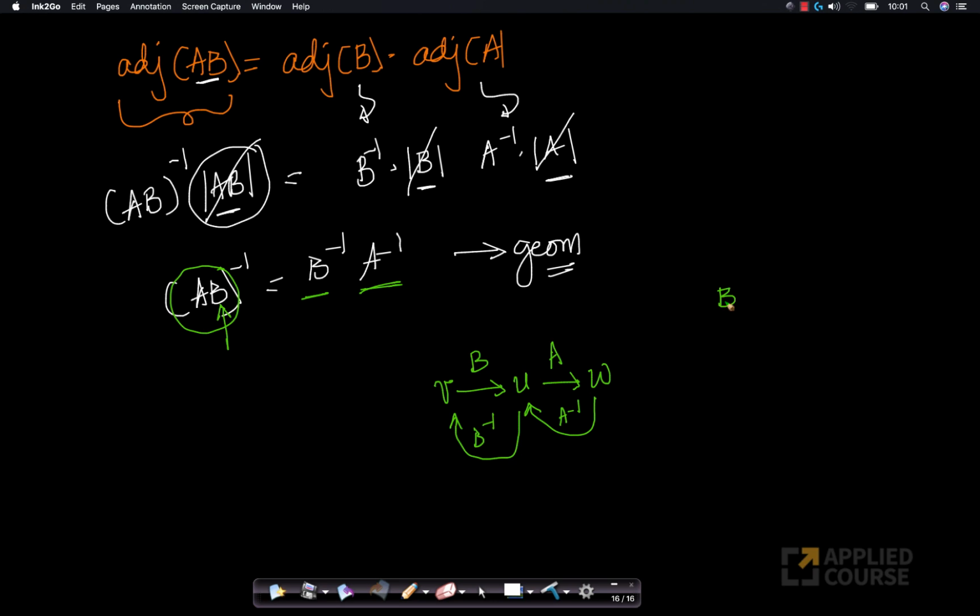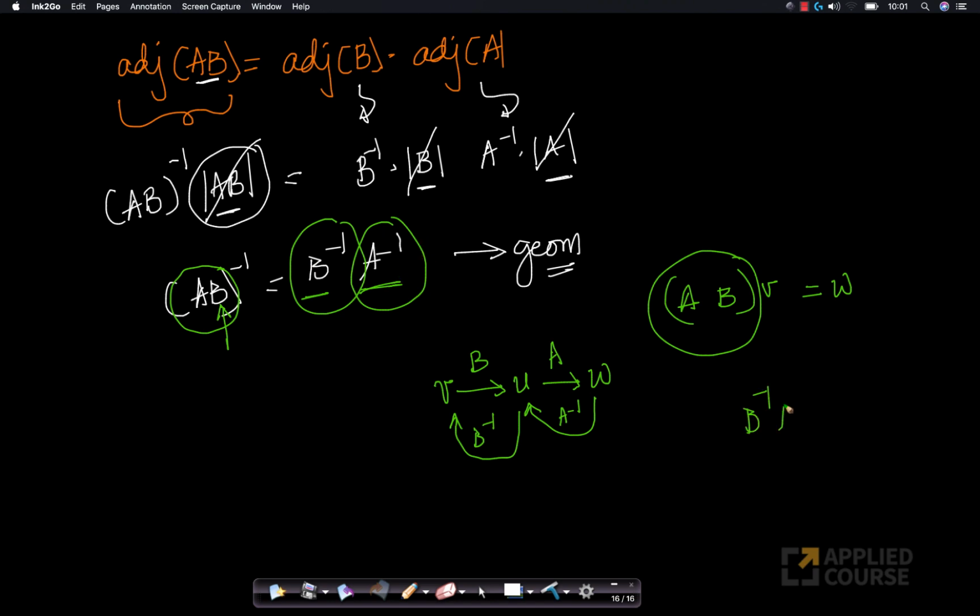First I applied transformation B, then I applied transformation A on V. This resulted in W. Now to invert this whole transformation geometrically, I can argue that first I have to compute A inverse, then B inverse on W. So B inverse A inverse W is going to be equal to V.